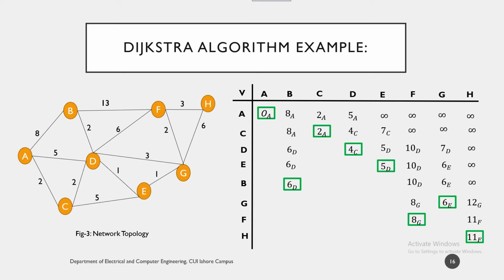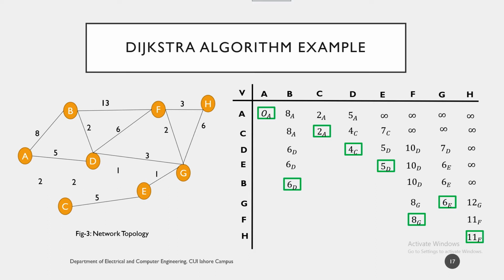At this point, we have the shortest route from A to every other node in the network. Now, how to read this chart, or how to find the distance from A to every other node? Suppose A wants to reach node E. You can see here that for E it has a distance of 5.